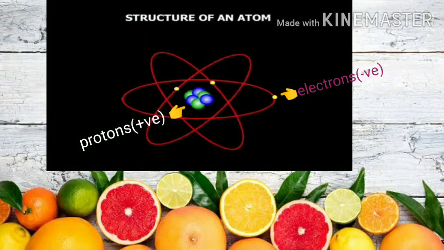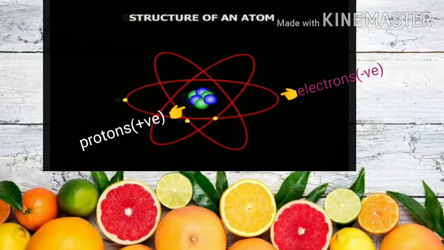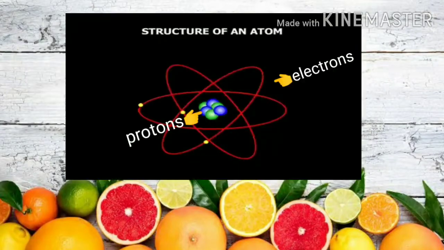An atom consists of three types of particles: electrons that are negatively charged and protons that are positively charged. You can see the electrons are moving around the protons and the protons are present in the center of an atom along with neutrons.